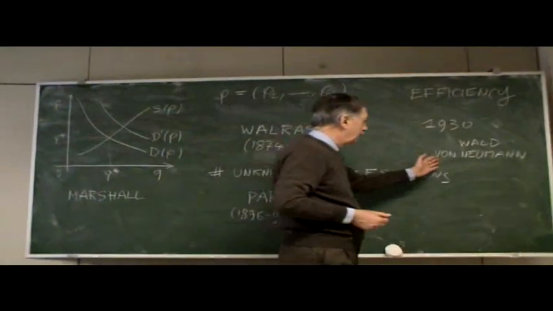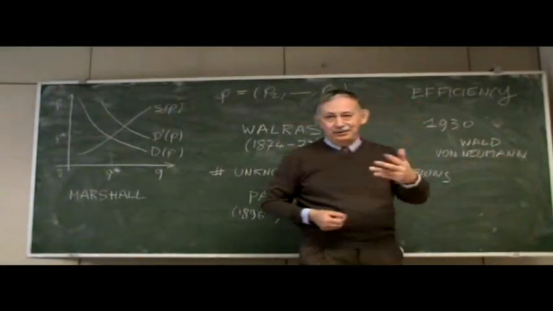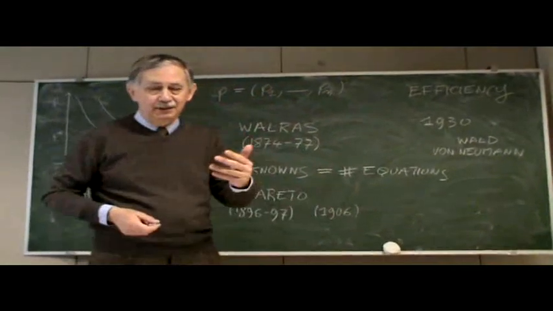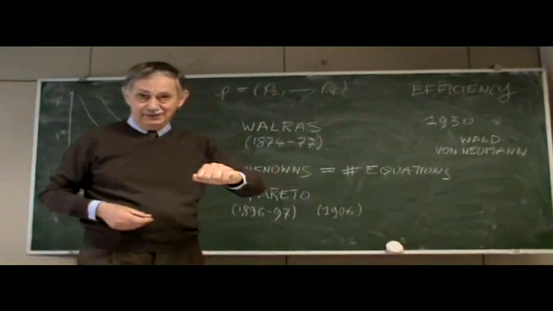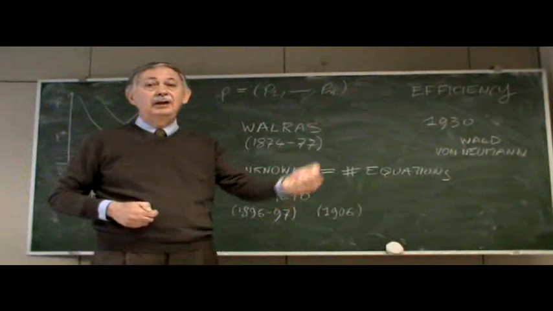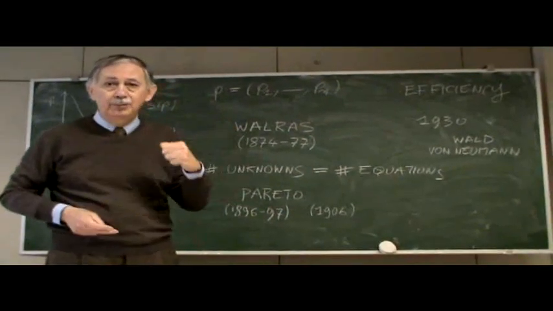Von Neumann is one of the founders of game theory. He used the same mathematical instruments both in game theory and in the proof of existence of equilibrium.